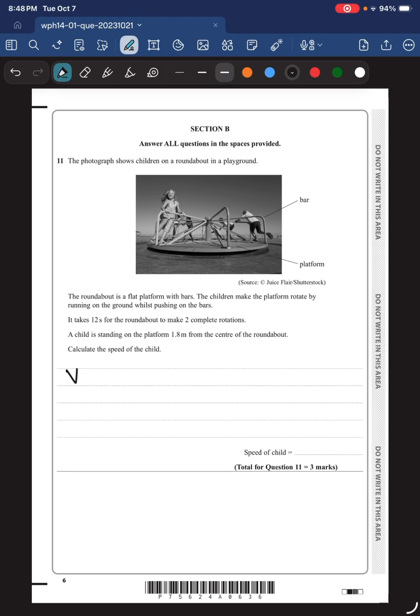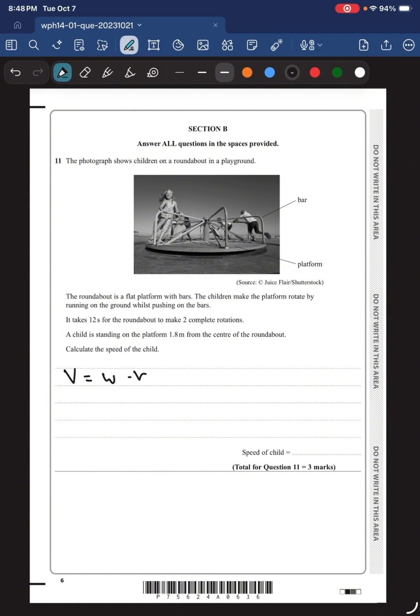Okay, so the linear velocity of an object, in this case the child, is omega, the angular velocity, times the radius, okay? And omega can be found by this information over here. It says 2 complete rotations in 12 seconds.